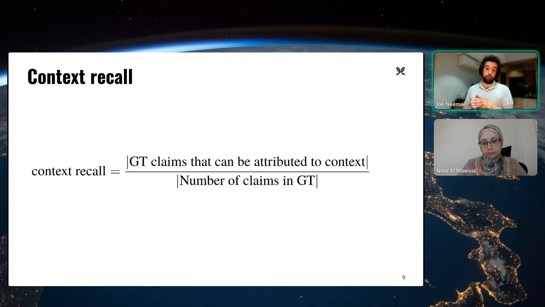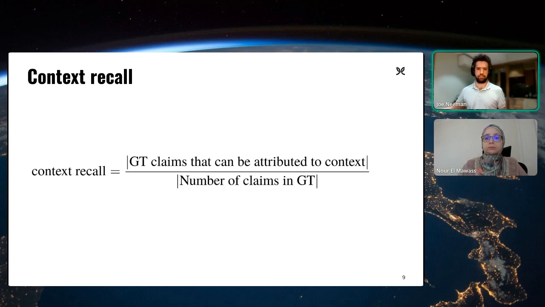And that's the denominator in our context recall. And then the numerator in our definition of context recall is we take all of those factual claims and we count how many of them can be attributed to the context that was given to the LLM. And that fraction of claims that can be attributed to context over total number of claims is the context recall. So it's a lot like the classical recall, except that instead of counting labeled examples, it counts factual claims.